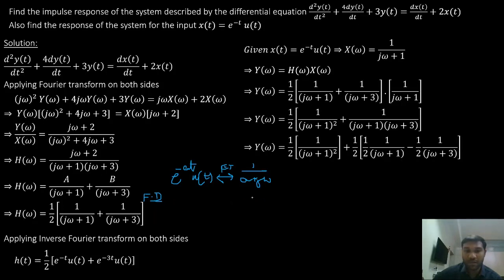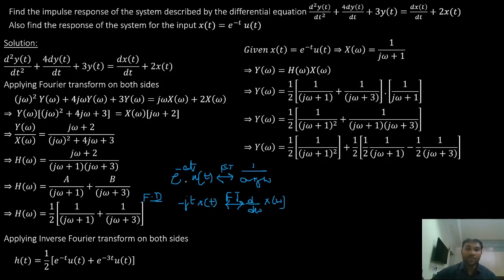Differentiating x of omega with respect to omega, the time domain signal is going to be minus jt into x of t. That is my frequency differentiation property.